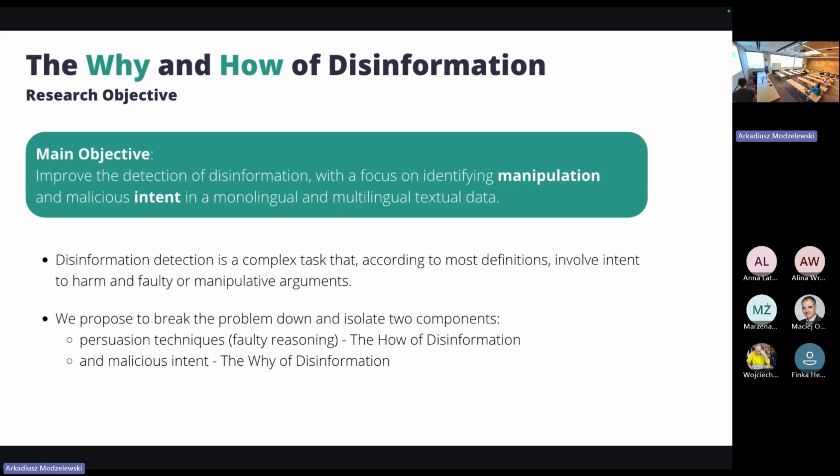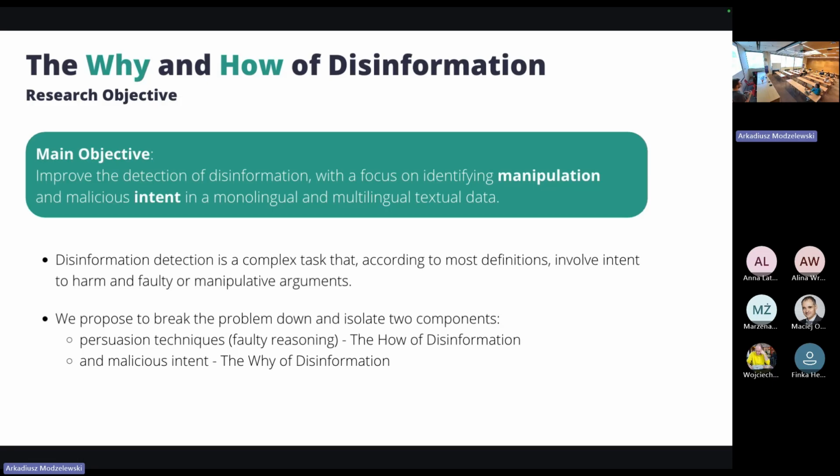Disinformation is a complex task, and as I said, there are different definitions of disinformation, but most of them agree that the definition involves intent to harm and faulty reasoning, faulty arguments, manipulative arguments.